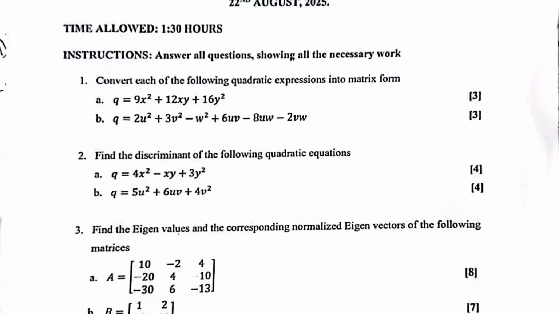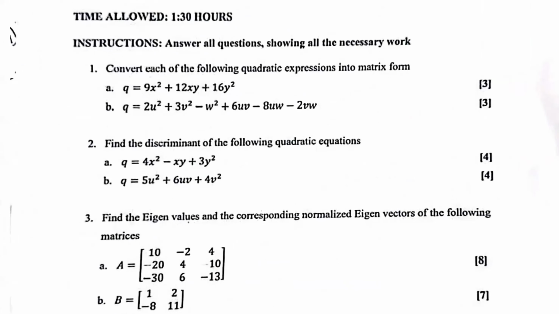Convert each of the following quadratic expressions into matrices. Can you go back to the other one? No, this one let's do tomorrow because I need to introduce the stochastic equations. It's basically optimization as well: finding the profit, finding the output.